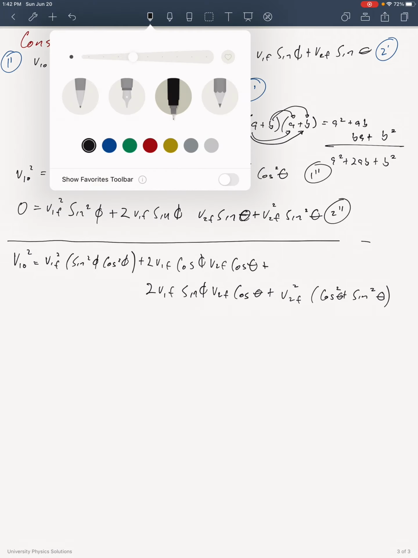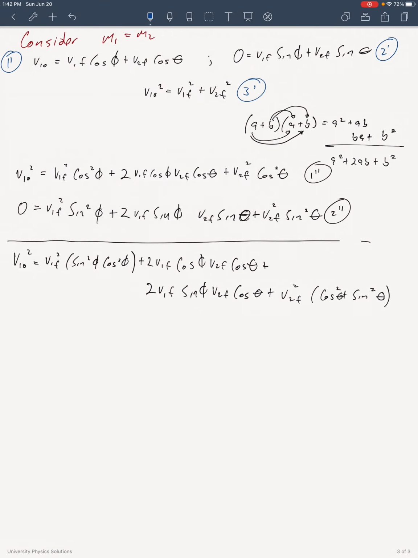Alright, well, as promised, this is equal to 1 and that is equal to 1. So let's write those down. b10 squared is equal to b1 final squared times 1 plus b2 final squared. Right? And now I have this little mess here.